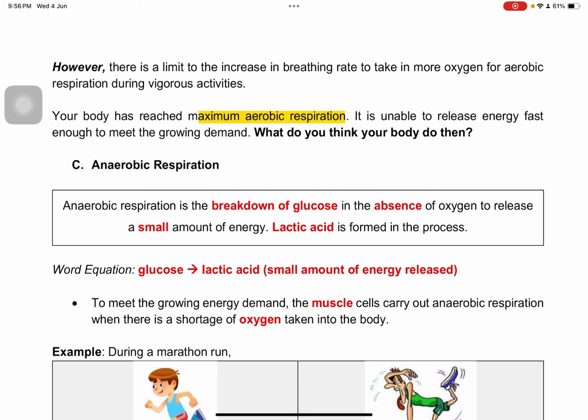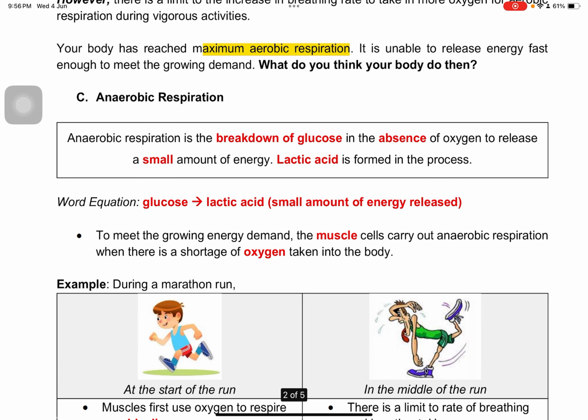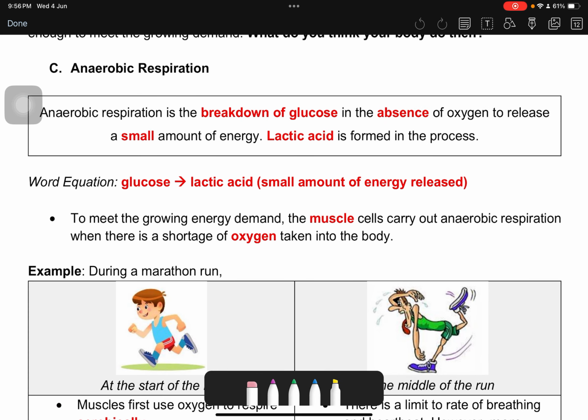Where does that final burst of energy you get to run to the finish line exactly come from? And why do you continue to pant after the 2.4 run, even when you're done with your test? So this is where I bring in anaerobic respiration. Anaerobic respiration is also the breakdown of glucose, but instead in the absence of oxygen.